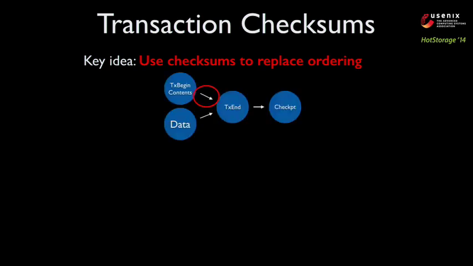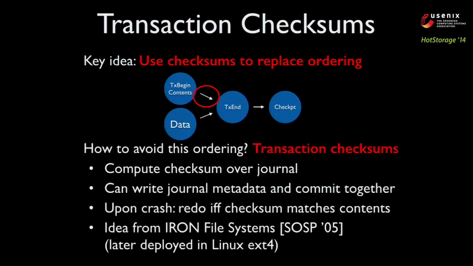In particular, we had that requirement that the transaction begin and its contents hit the disk before the transaction end or the commit block. What we can do instead is simply have a checksum over the whole transaction. It's kind of a simple idea. Store the checksum in the journal itself, issue them all together, and then if you crash, as you're scanning through the log, you check: does the checksum match the contents of the transaction?